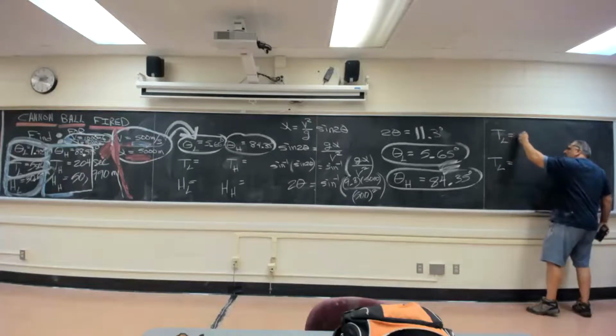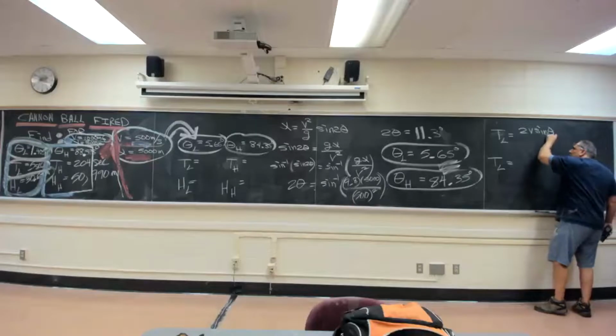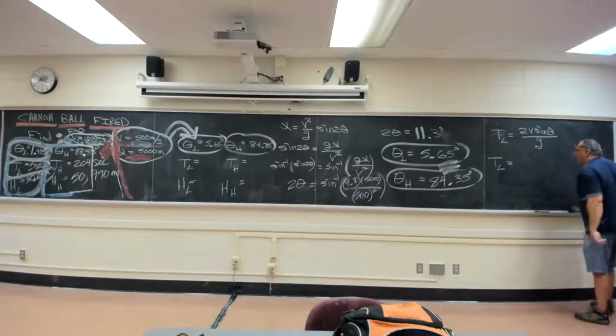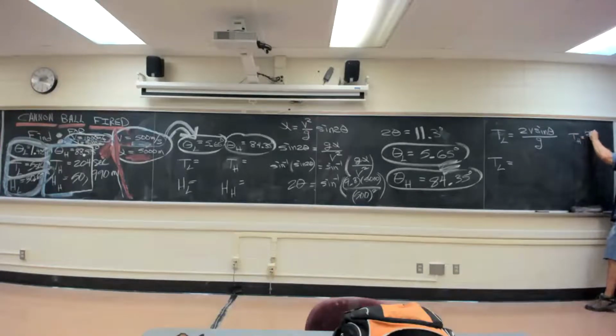T sub L is 2v sine theta over g. T sub H is 2v sine theta, over g. Here's the H, here's the L, here's the g.